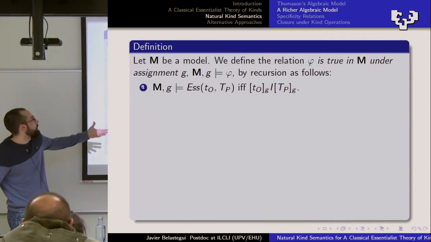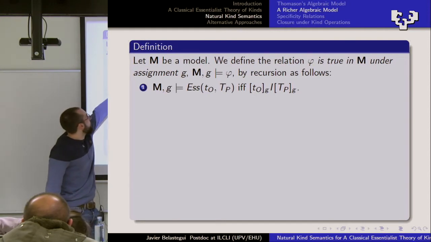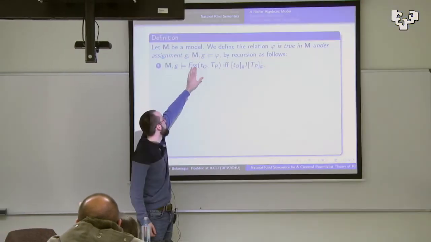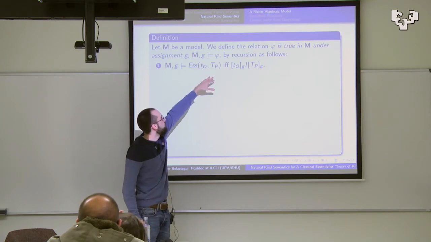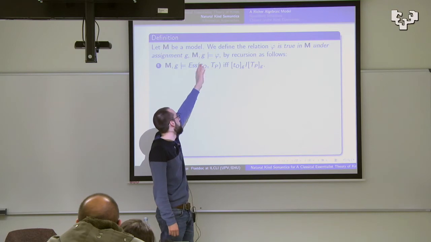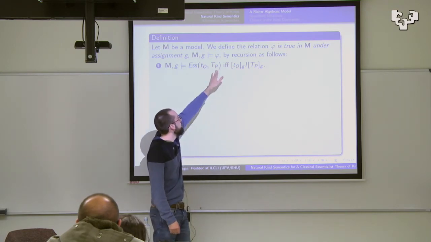And we define truth in the usual way. So for a formula, object t exemplifies essentially attribute T, big T, if and only if the denotation of the object term exemplifies essentially the denotation of the attribute term.